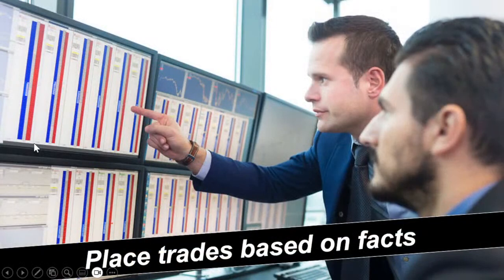And one of the reasons they feel this way is because they place trades based on facts and data rather than a gut feeling or a recommendation from your Uncle Louie or a friend in the neighborhood who just said, I bought this stock, you should buy it, right? They don't place trades because of that.